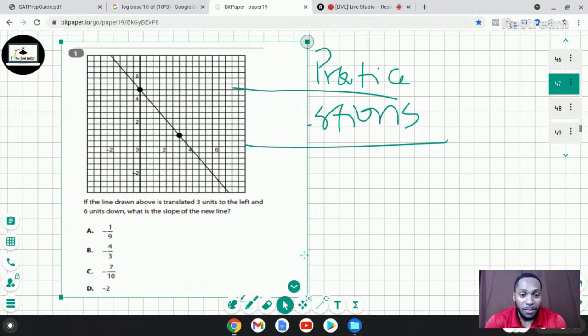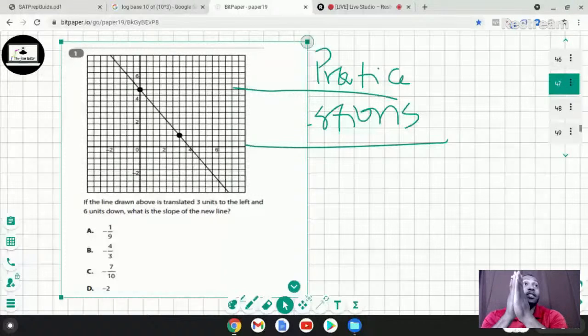They ask us basically to find the slope. They say if the line drawn above is translated 3 units to the left and 6 units down, what is the slope of the new line?